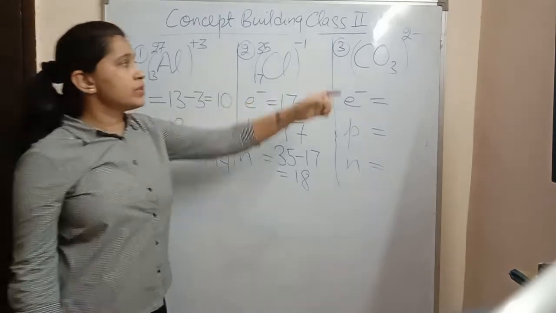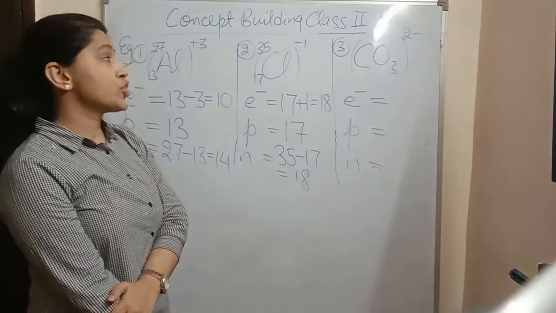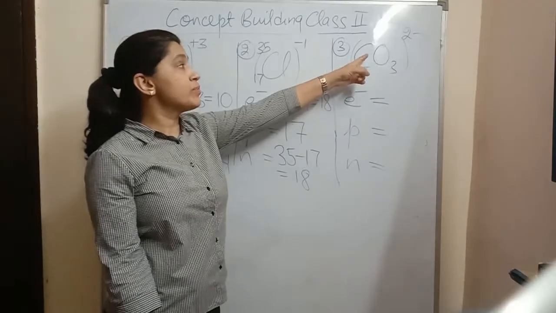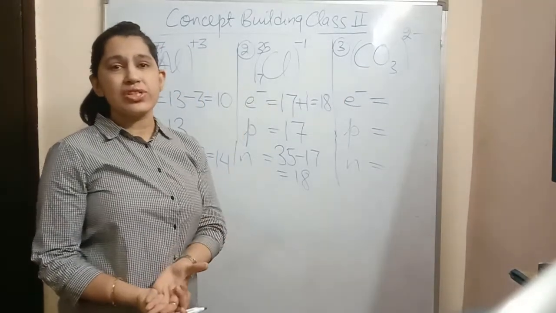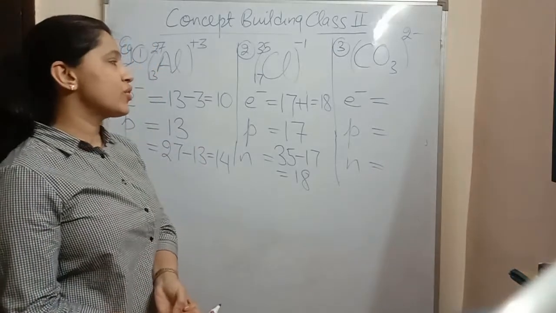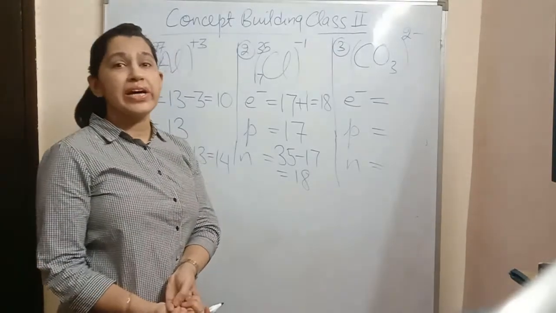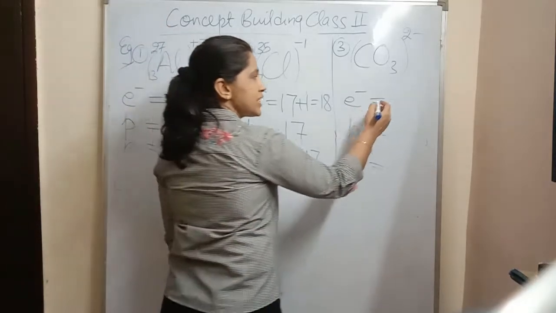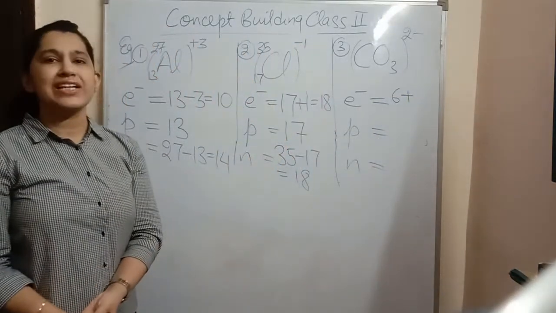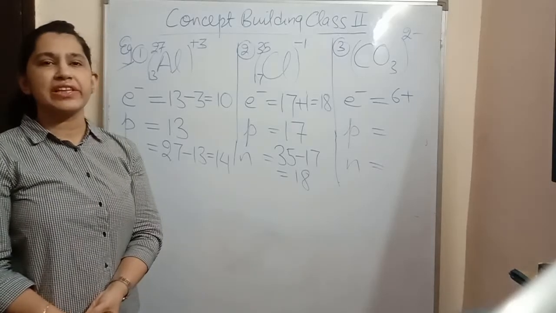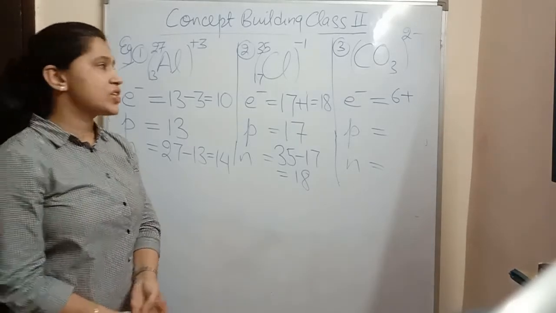Can you try this? Carbonate ion. Electrons. Now we have to add electrons for carbon as well as oxygens. So what is the atomic number of carbon? 6. So carbon's 6 plus how many oxygens? That is 3. How many for one oxygen? 8. So for 3, how much? 8 threes are 24.